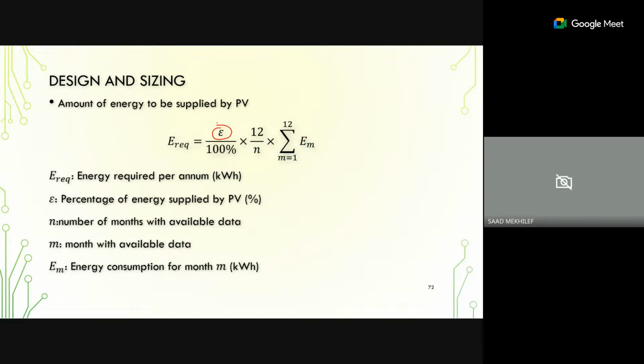You want 100%? 50%, 30%, 70%, whatever? N is the number of months with available data, here 12 months. M is the month with available data. And then energy consumption for 1 month. So that's how we calculate.